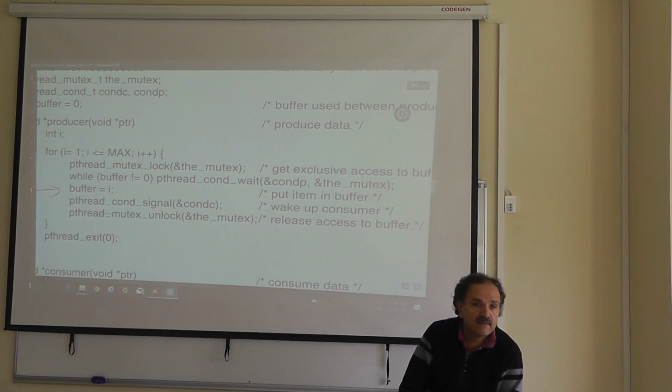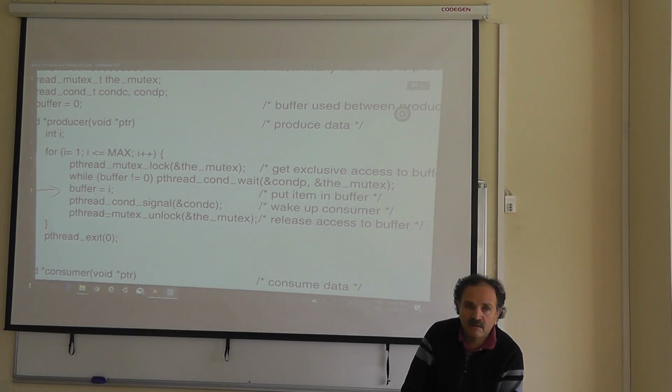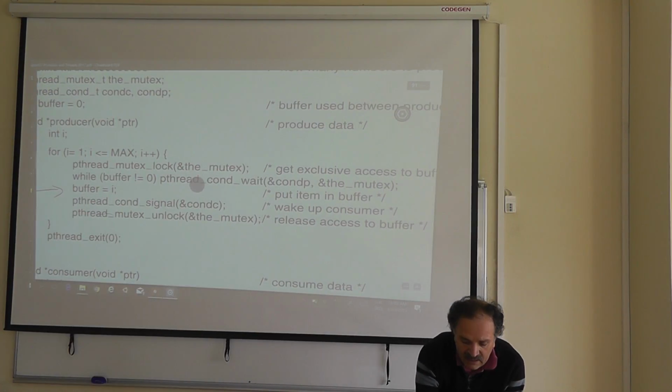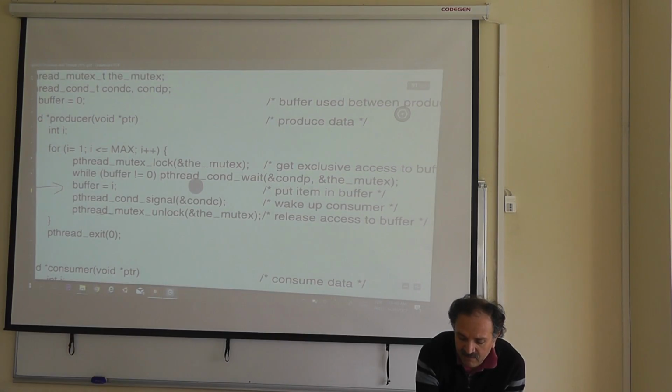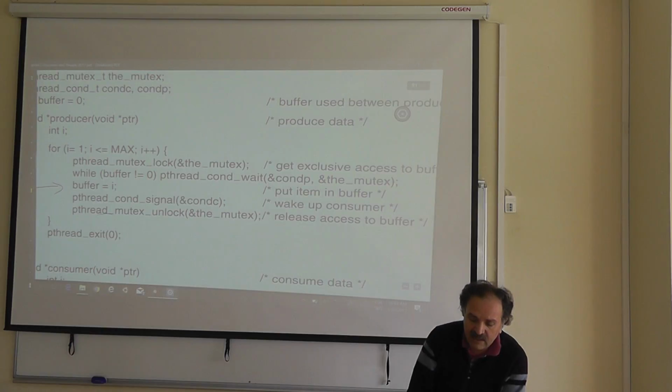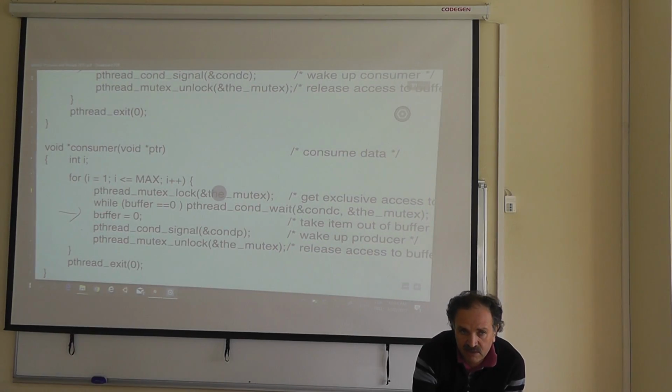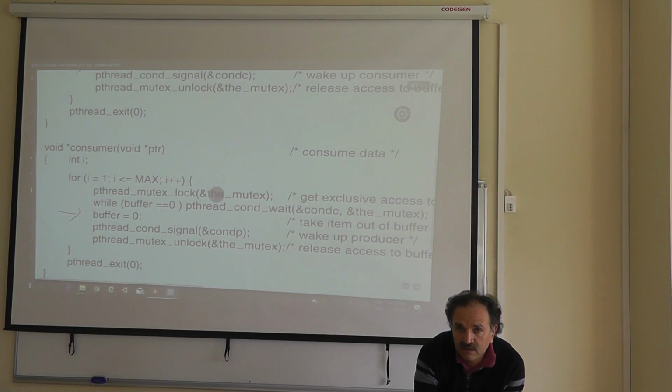Yes, because we have locked it. If we don't safely release it, the other thread cannot enter its critical region. You understand the problem? I lock the mutex and I come here and I see that I need to sleep. When I sleep with the mutex locked, that means the other process cannot go into this critical region because I locked it.